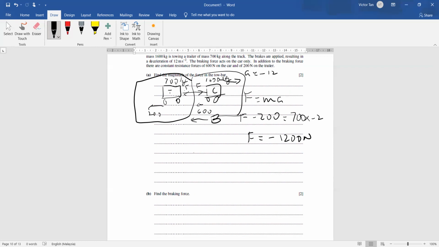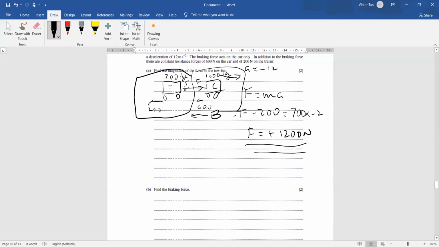This will be minus F minus 200. So F is 1200 Newton. Okay.